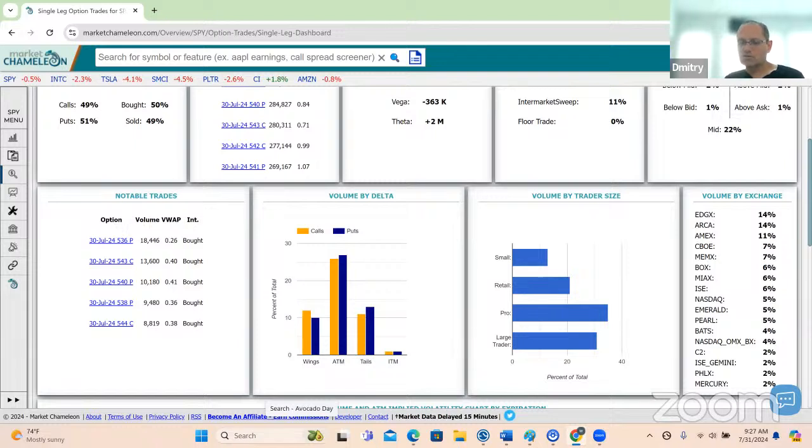So here we see that the wings in the calls represented 12% of the delta volume. The wings are something that we say is not at the money, not near the strike. It's more out of the money.